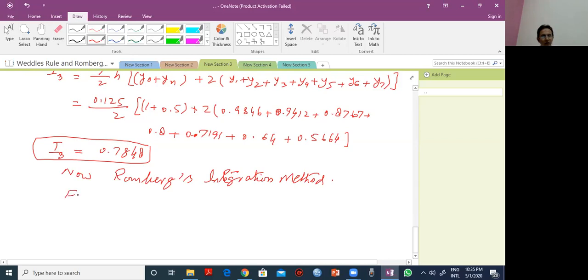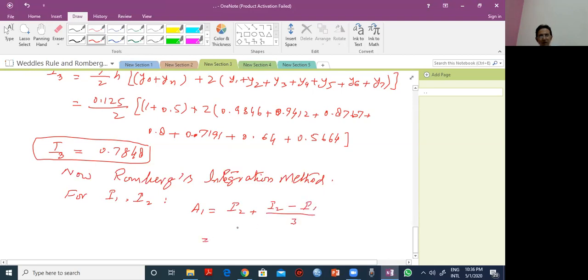So student, when we consider I1 and I2 for the first pair, we call it A1, which is equal to I2 plus I2 minus I1 whole upon 3.